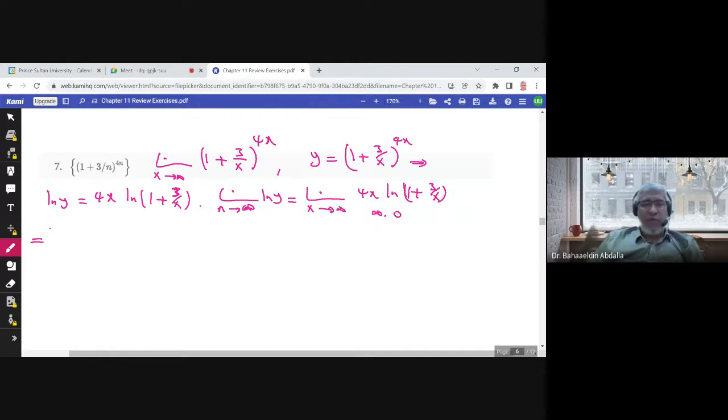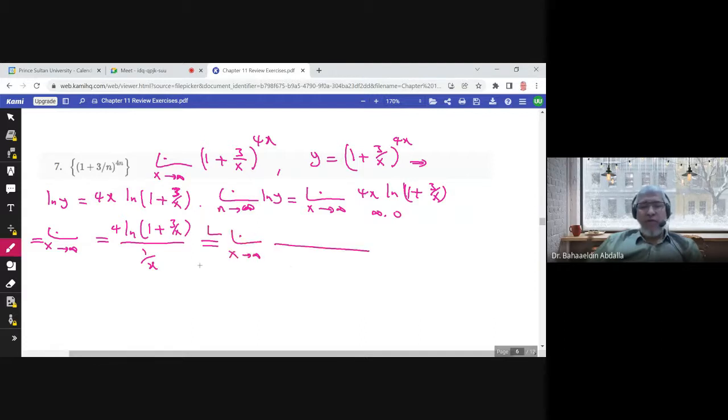This is how to deal with infinity times 0. So let me keep the 4 up and write ln of 1 plus 3 over x over 1 over x. Now if I replace x by infinity, ln 1 is 0, 1 over infinity is 0, so I'll have 0 over 0. So I can use L'Hopital's rule.